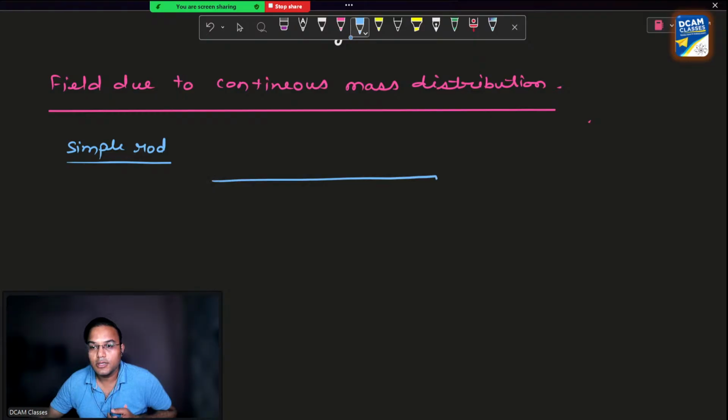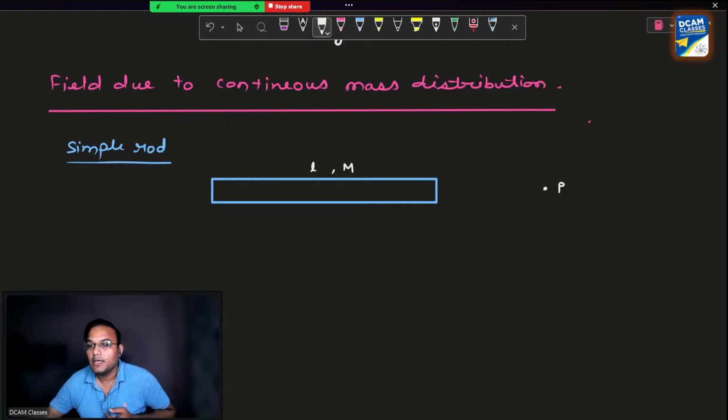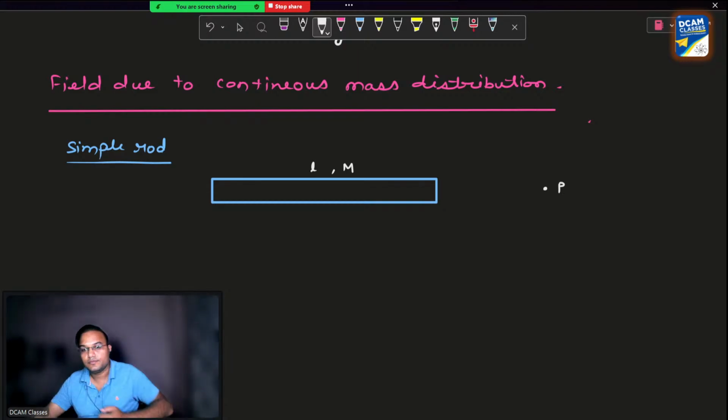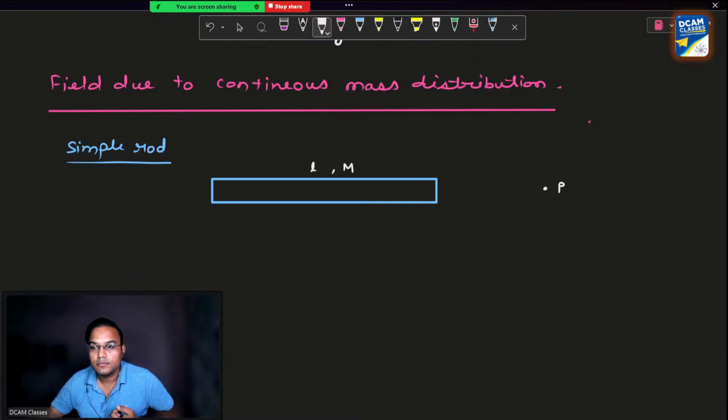This is a rod, whose length is L and the mass is capital M. You have to find out the field at a point P. Diva, how to calculate? Did they tell you this one, VMC? So they only gave the formula. Acha, they only gave the formula. Now, see, let me tell you how do we do it.